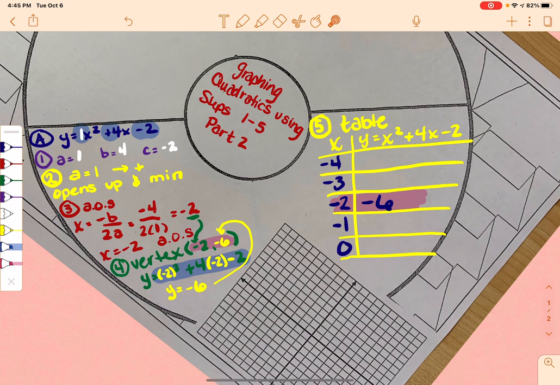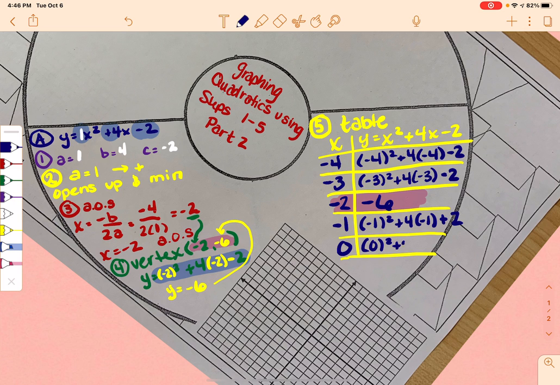So now I need to take these 4 values that haven't been plugged in yet and put them in the equation. So -4 squared plus 4 times -4 minus 2. -3 squared plus 4 times -3 minus 2. -1 squared plus 4 times -1 minus 2. 0 squared plus 4 times 0 minus 2.